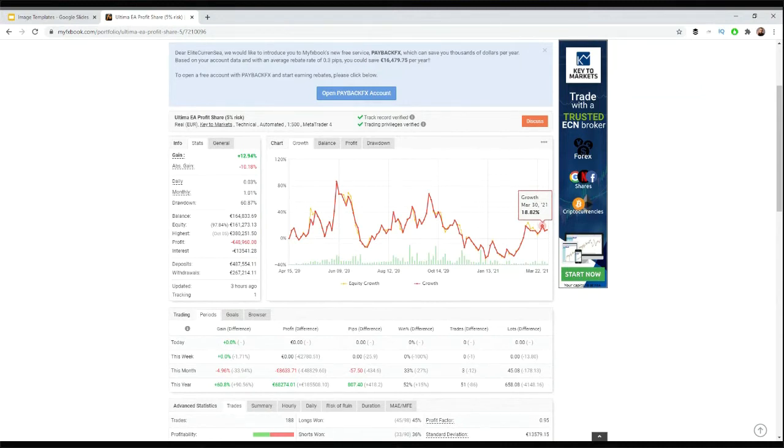So we are even contemplating just keeping it on 3% risk and leaving it at that, just to lower the volatility and make traders feel a little bit more comfortable with the risk that is taken. Because it's not only 3 or 5% risk in total, it's 3 or 5% risk per setup, and there could be multiple setups open at the same time.